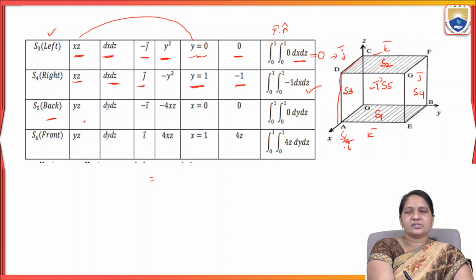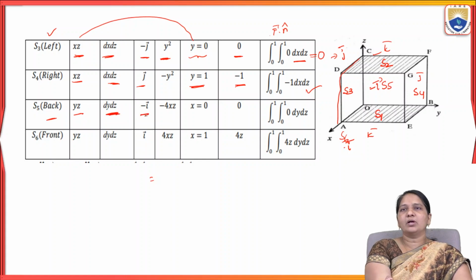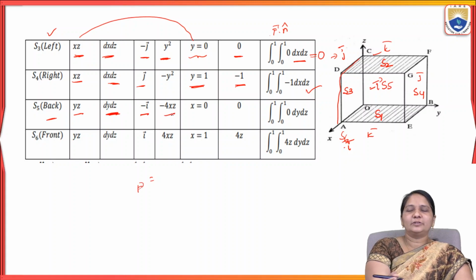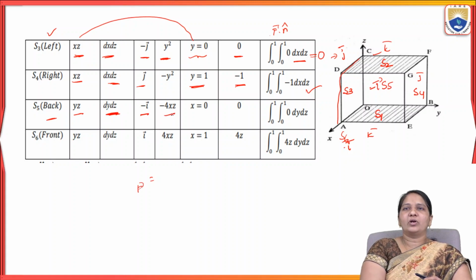Now we are taking S5. In the yz plane, dy dz, with minus i bar, so f dot minus i is minus 4xz. Since x is 0, we finally get 0. So integral 0 to 1, integral 0 to 1, 0 dy dz. This value is 0.